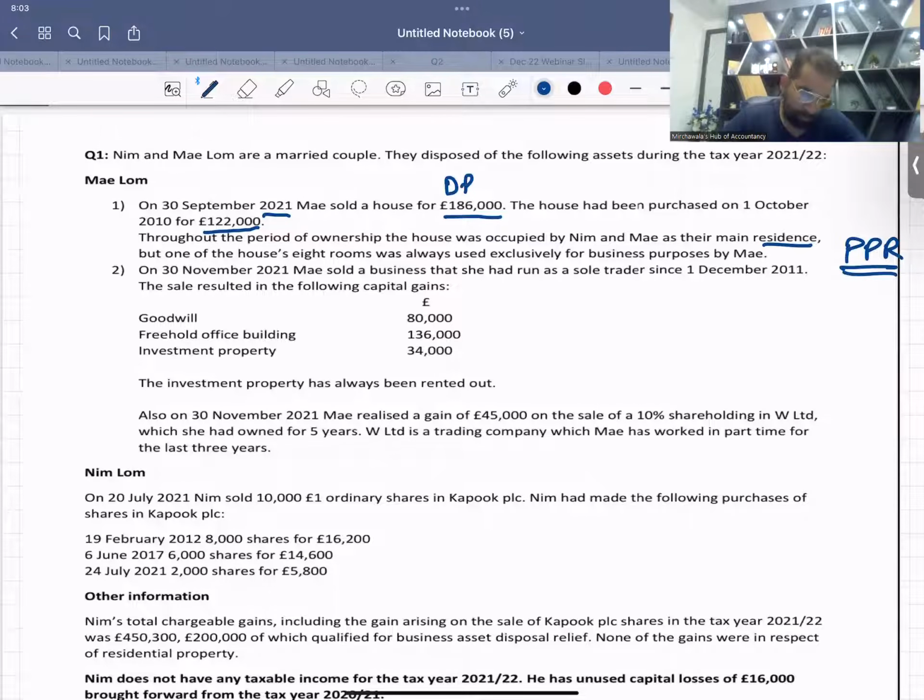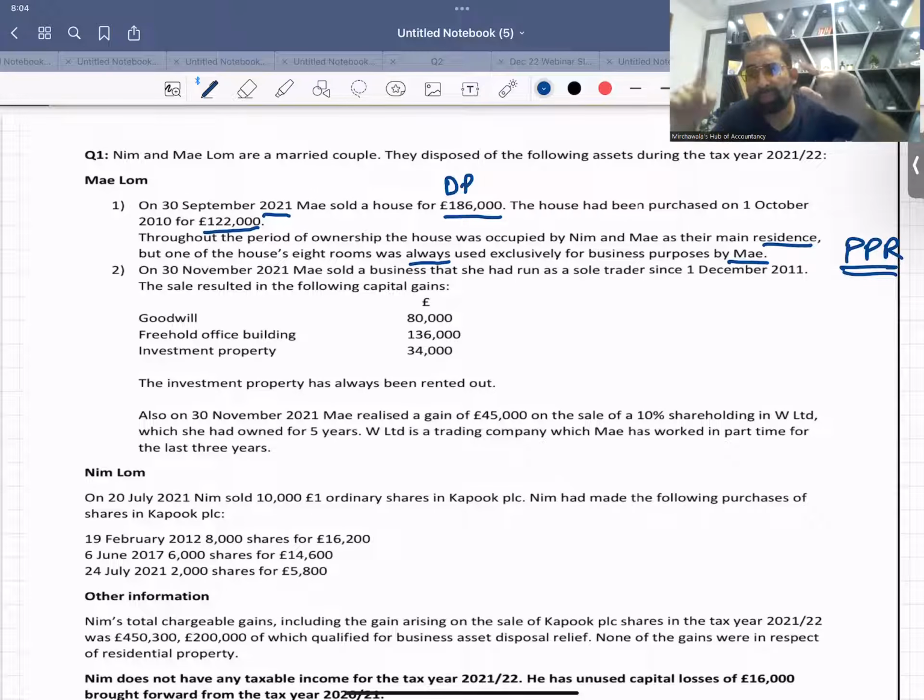But one room of the house of 8 rooms was always used exclusively for business purposes by May. See the word always. Now, what does it mean?